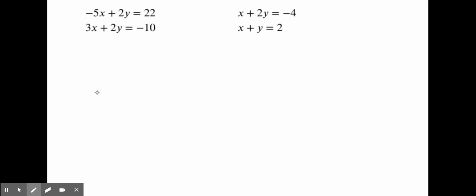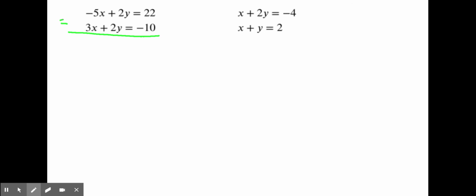Next system, -5x plus 2y equals 22, 3x plus 2y equals -10. Look at that system and tell me which variable we're going to eliminate. All right, we're going to eliminate the y's, right? Because they both have a +2. Since they have the same number and the same sign, how are we going to eliminate them? What operation are we going to use?